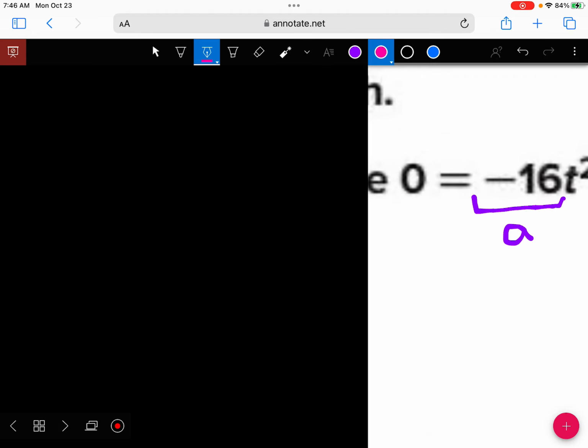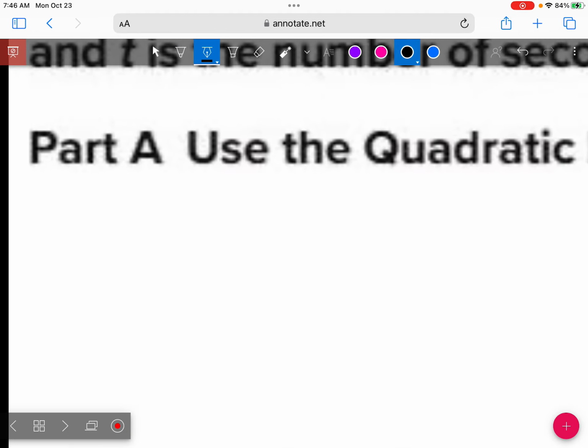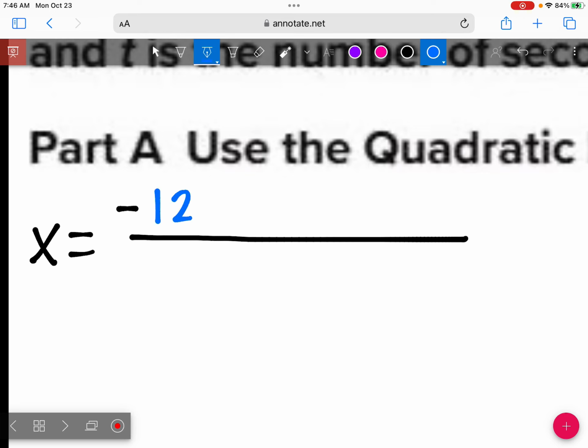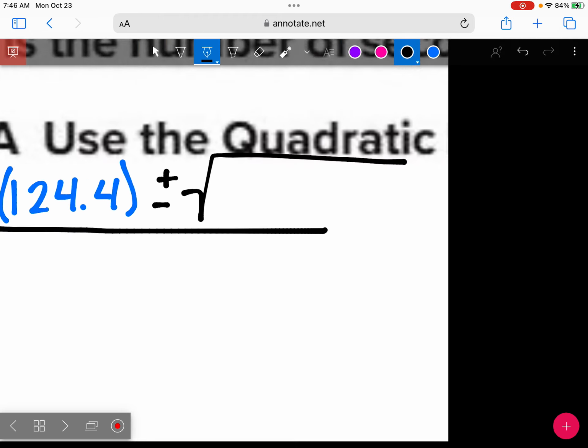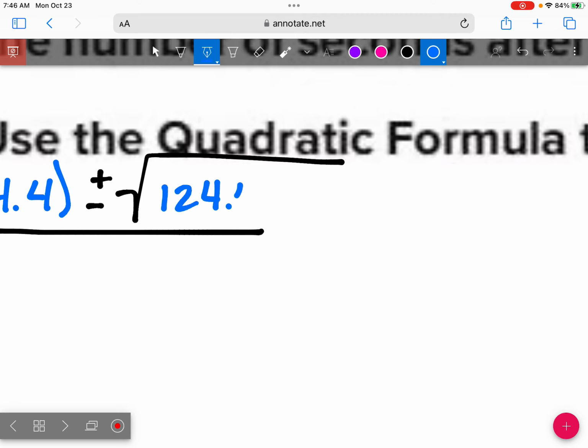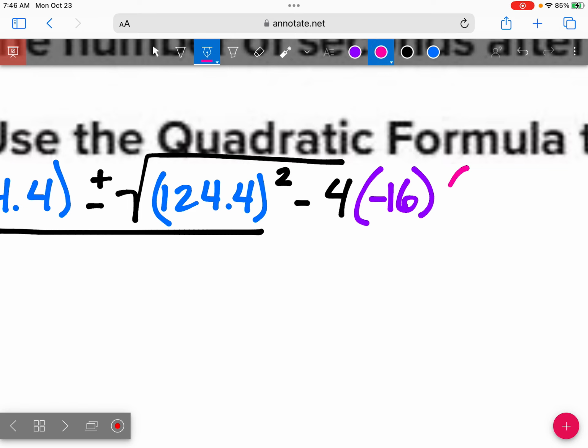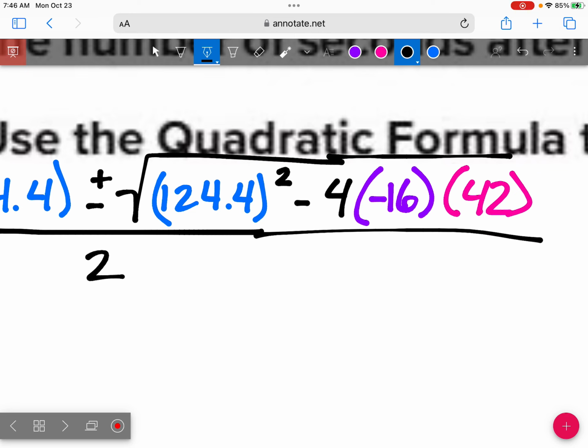And we're going to substitute these values in. x equals the opposite of our b value, which is 124.4, plus or minus the square root of 124.4 squared minus 4 times our a of negative 16 times our c of 42, over 2 times our a of negative 16. So we start with just substituting in the values that we're given.